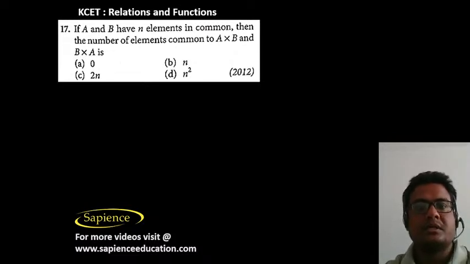If A and B have n elements in common, then the number of elements common to A cross B and B cross A is.